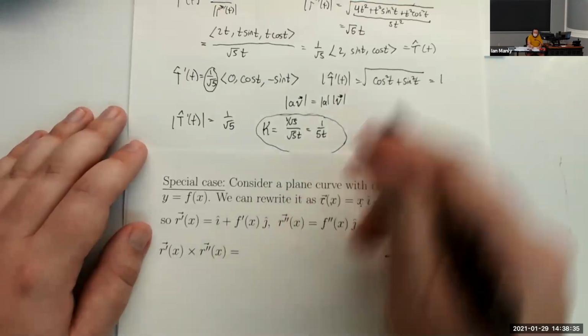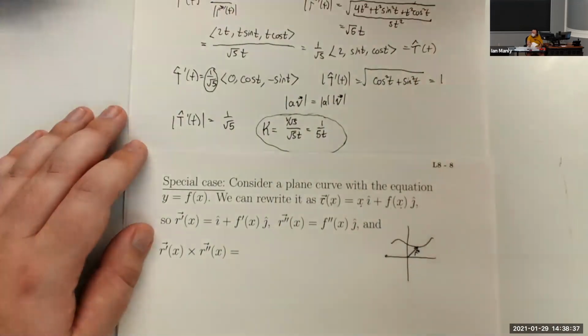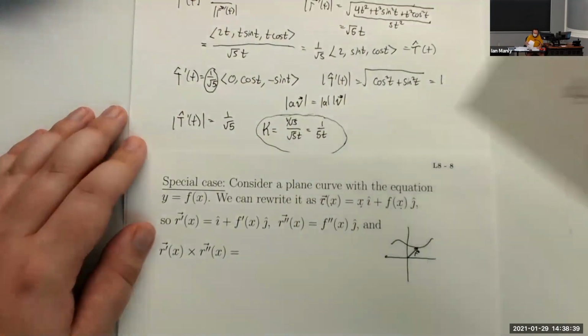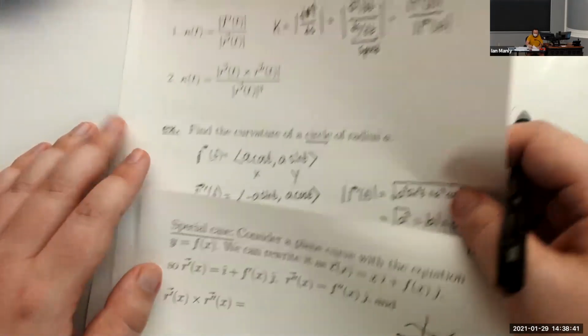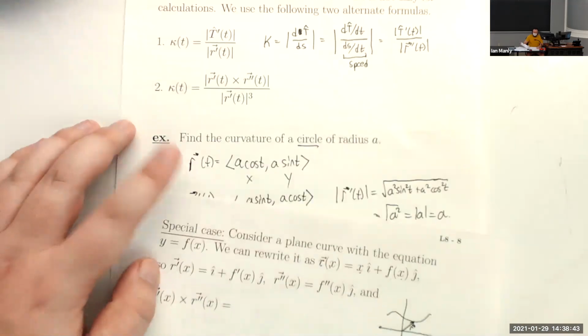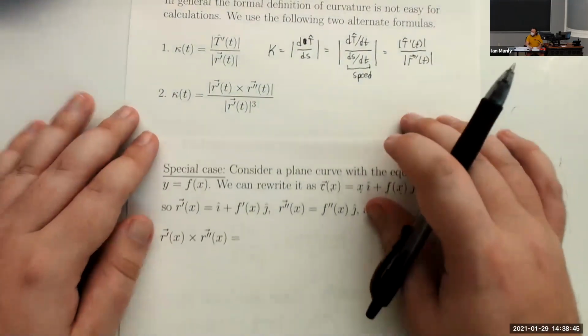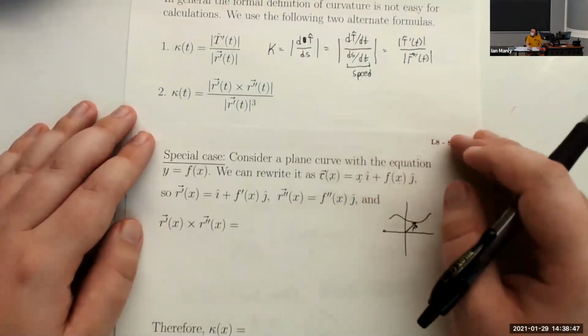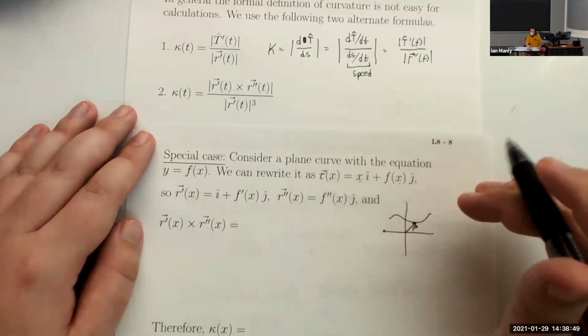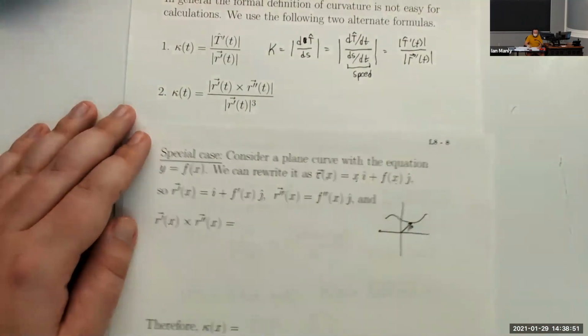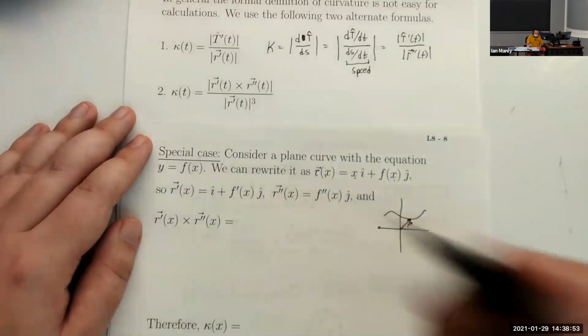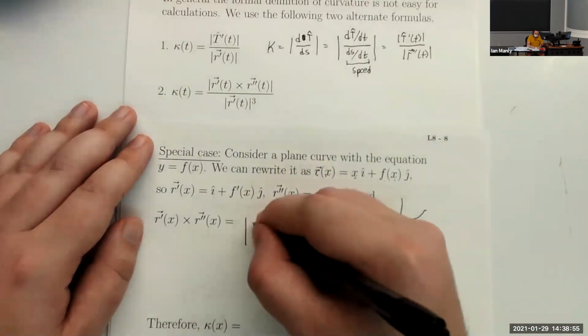All right, now this is a time where the other formula for curvature will be convenient. So I'm going to use the one that we had earlier, where we have r prime cross r double prime, and then we divide by the magnitude of r prime cubed. All right, so let's do this cross product here.